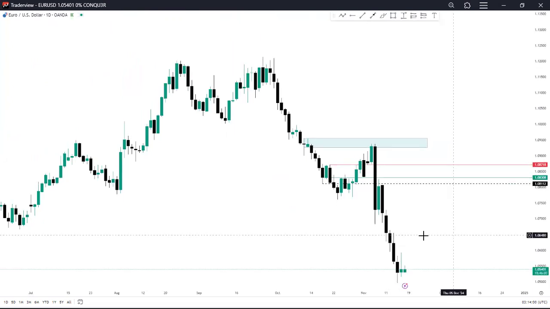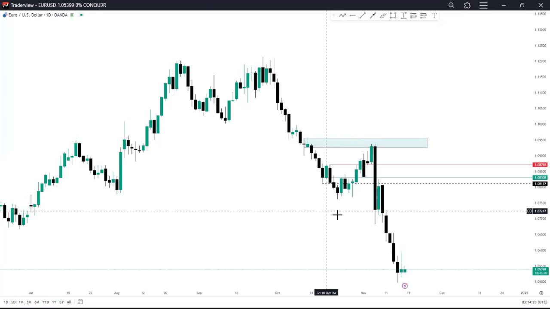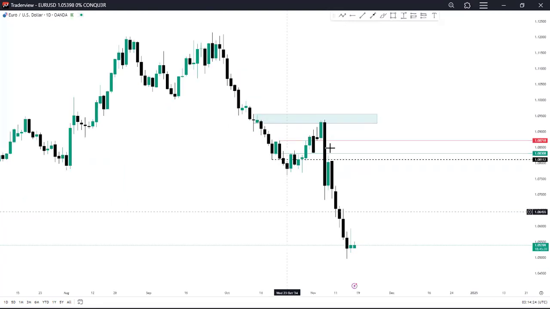Just know that every area of liquidity within the market will grab the liquidity at the proper time. So if the market returns to that area, then the market will grab the liquidity. If it will be useful for that time, then the market will come to that area and grab the liquidity.